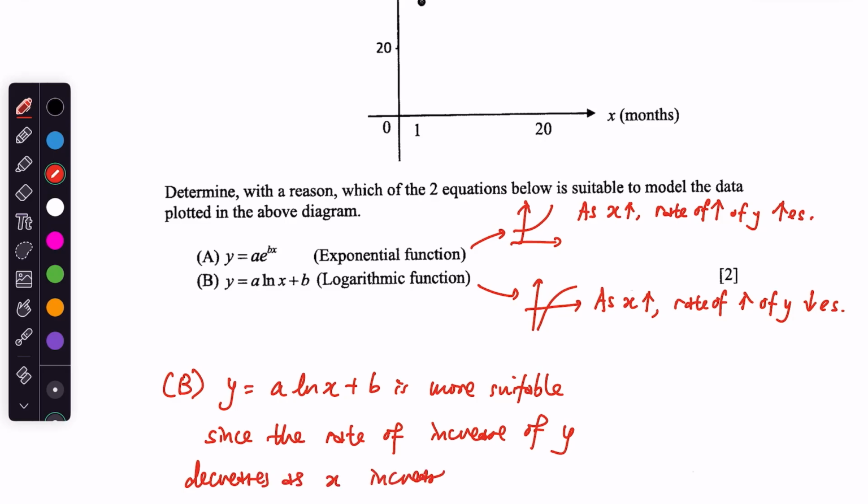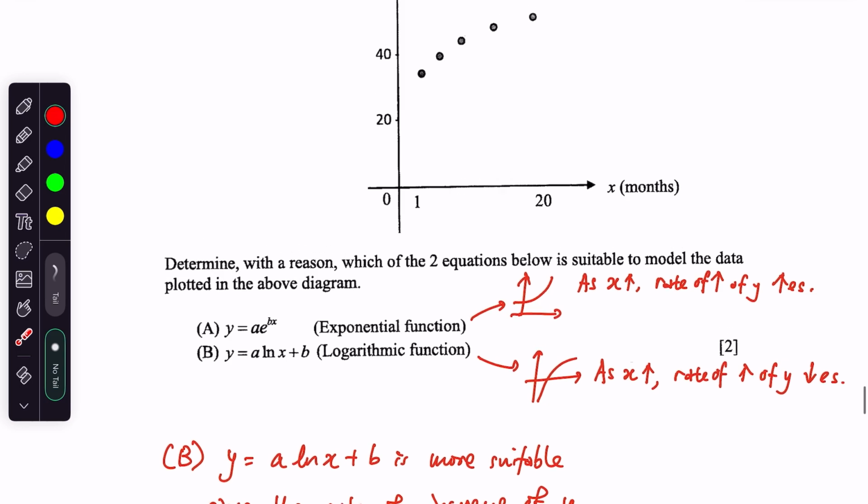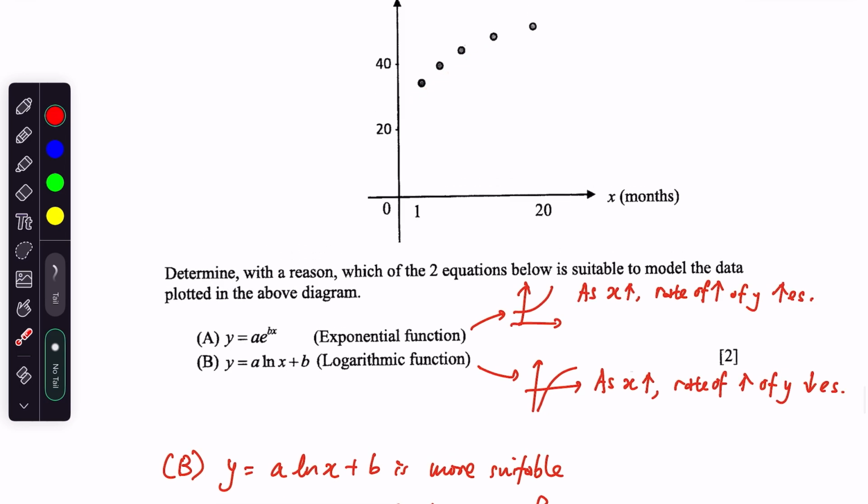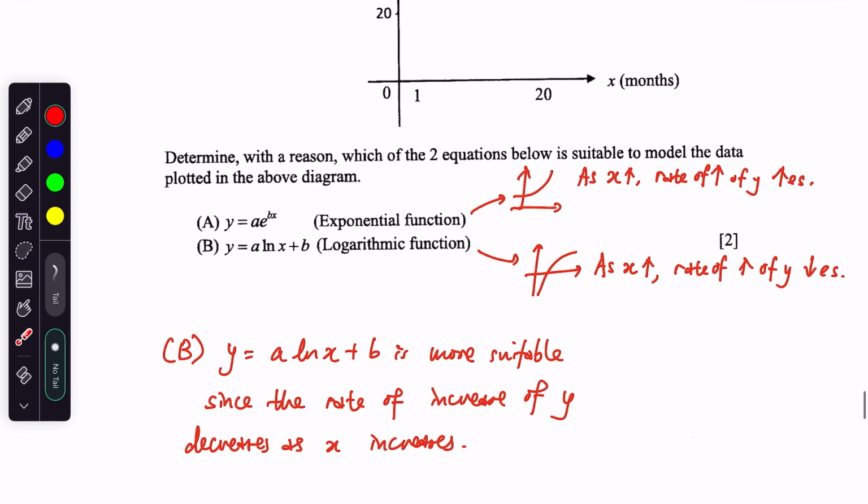What we are basically saying is that in this set of data, these points here, as x increases, y is going up, but it's going up slower and slower and slower. So we're saying that B is more suitable because when we describe these two functions in words, this logarithmic function agrees a little bit more with our data.